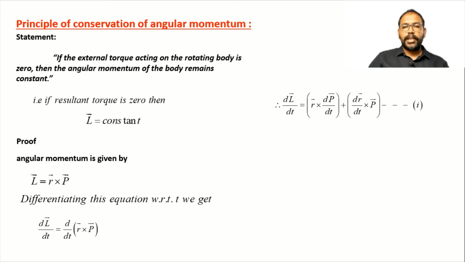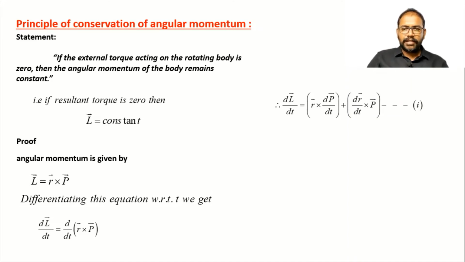Now we use the multiplication rule of differentiation. So this d by dt we can apply first to P bar and then to R bar. You can see here, R bar as it is, dP bar by dt, plus, then d by dt to the R bar and this P bar as it is. So this is the multiplication rule of differentiation.